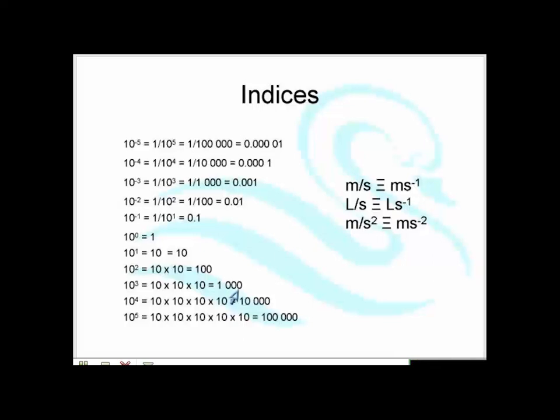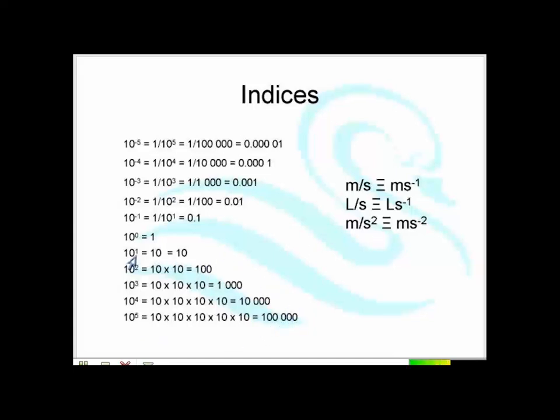Now, if you look at the number of zeros I've got here, I've got 3 zeros here, which is the same as the 3 I've got there. I've got 2 zeros there, which is the same as the 2 I've got there. And if you look at it, 10 to the power of 4, I end up with 4 zeros there. 10 to the power of 5, I end up with 5 zeros over here.